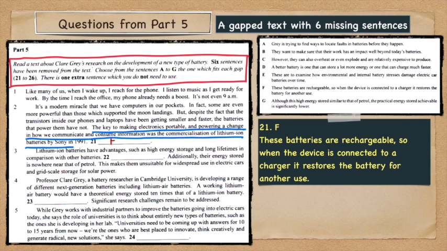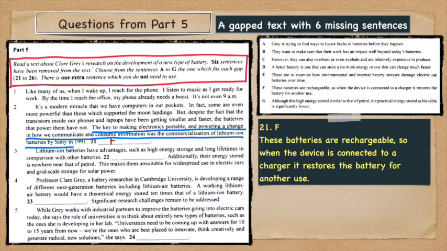Which option do you think is suitable for the gap? We have to think whether the option is supposed to talk about the advantages of lithium-ion batteries, or is it a contrast sentence?